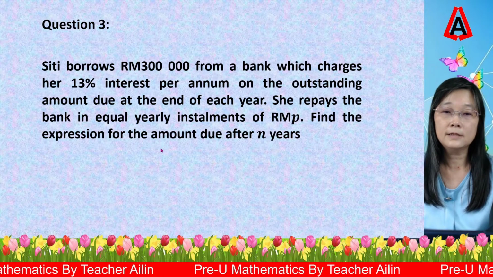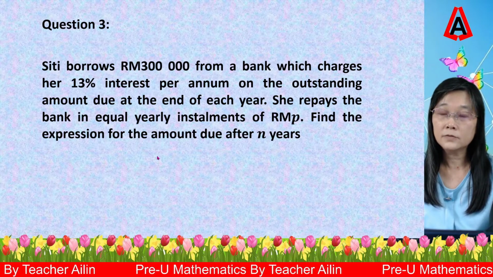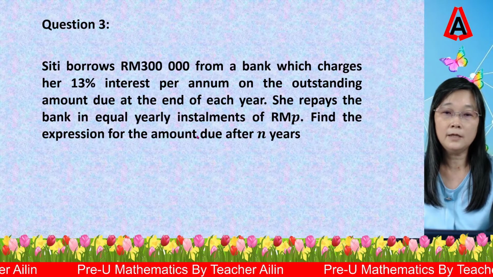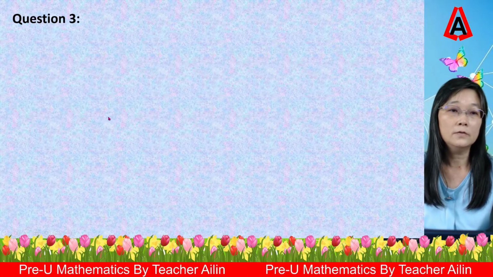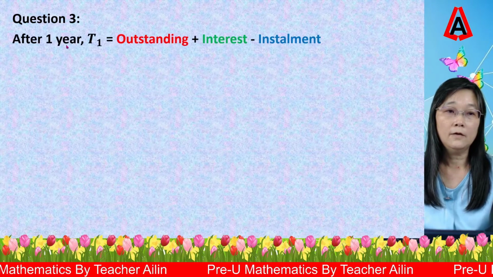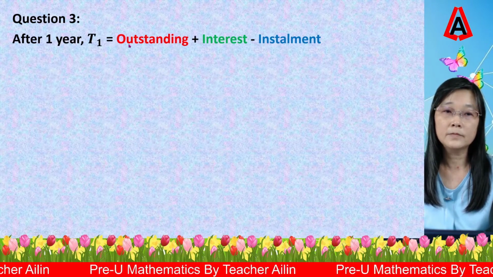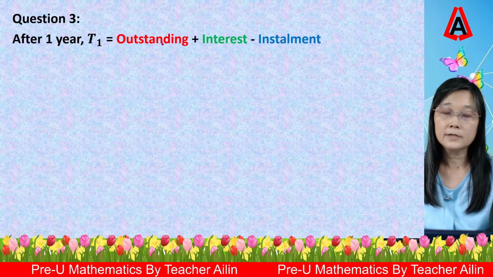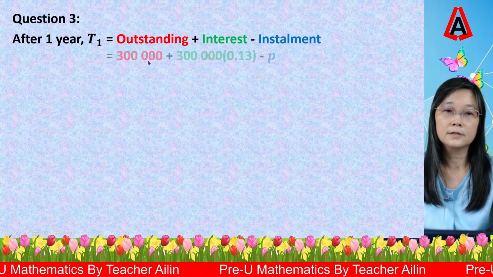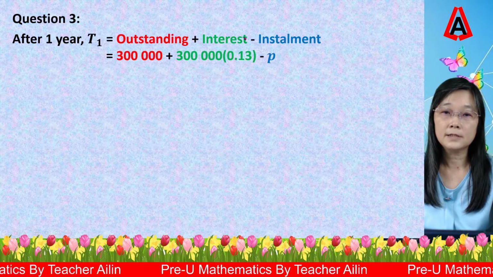So in this case, the interest will be charged at the end of the year. So at the end of the first year, the total outstanding becomes the original outstanding, that is 300,000, plus the interest.